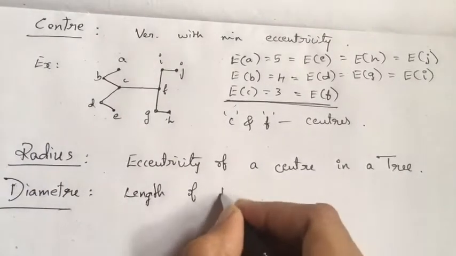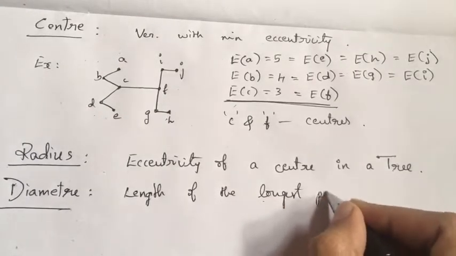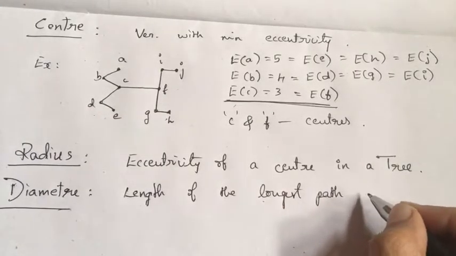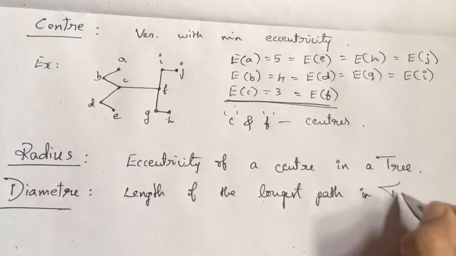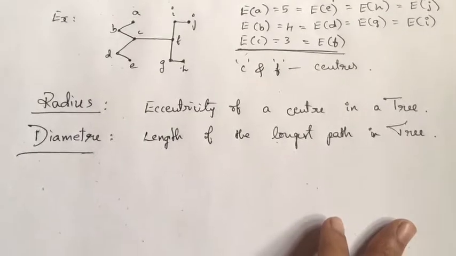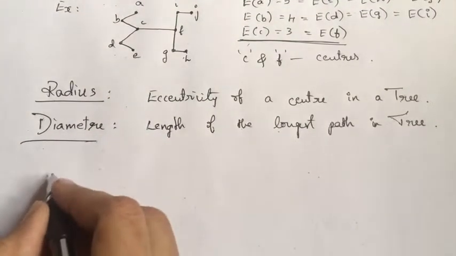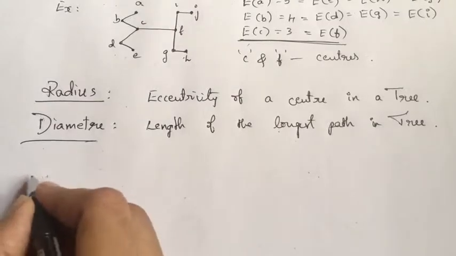Length of the longest path in a tree is nothing but the diameter. So of course the terms are based on trees. Take up an example.